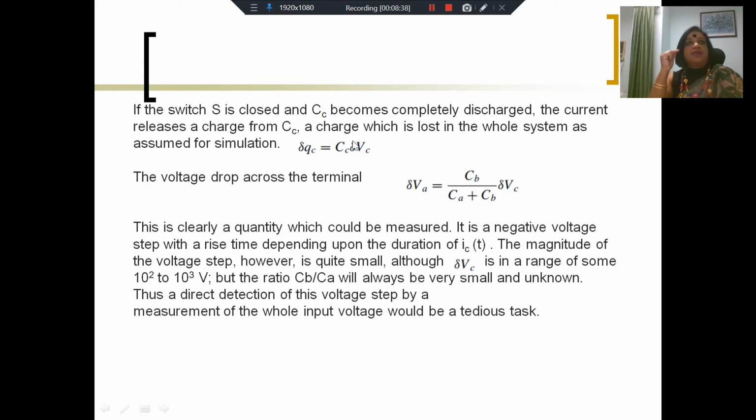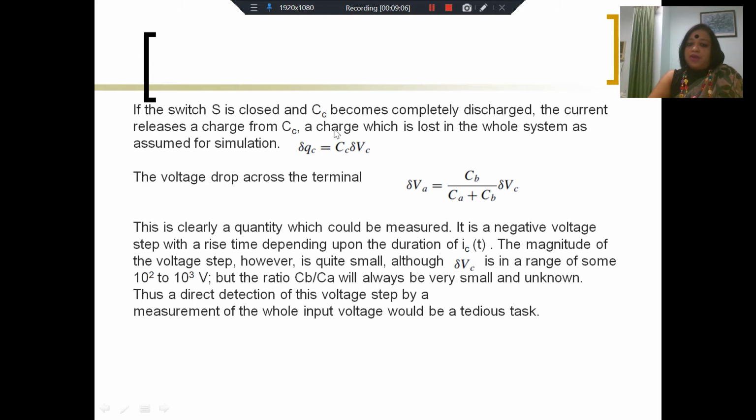The voltage across the void is VC, and when there is a discharge, it will fall to some value, maybe 0, maybe to a residual voltage VR, as we have seen in the previous lectures. So whatever it be, there will be a voltage drop, and that change in voltage across the void is related to the charge that is implicated in the discharge. If we could have measured delta VC, we would have been able to measure delta QC.